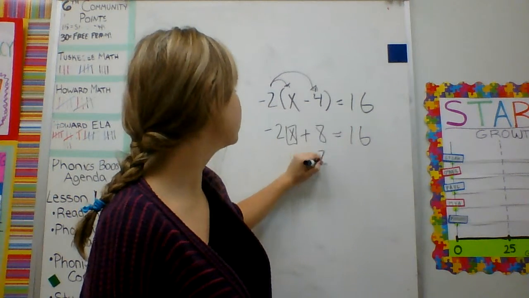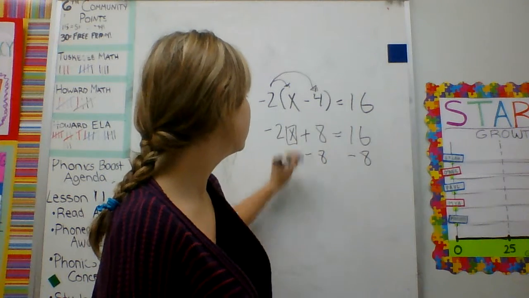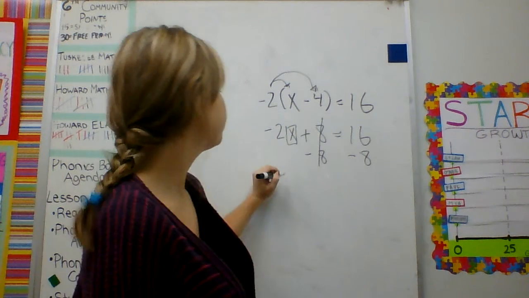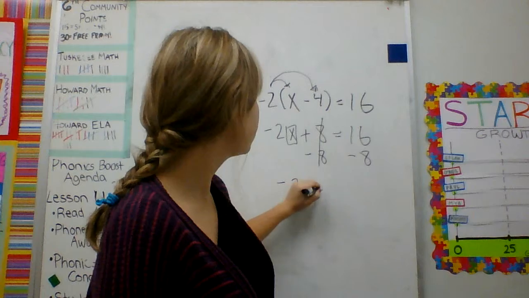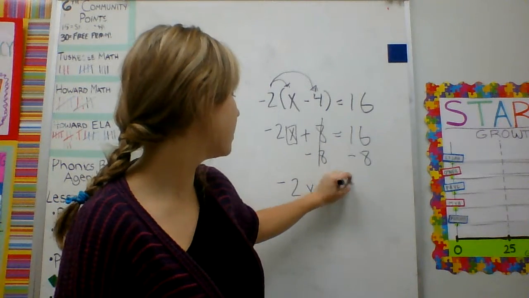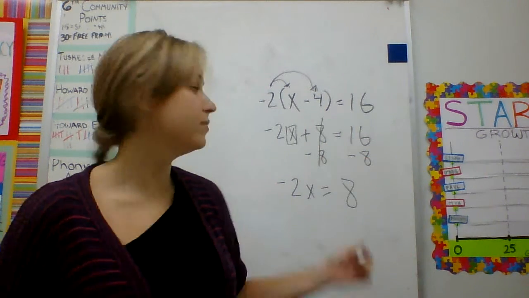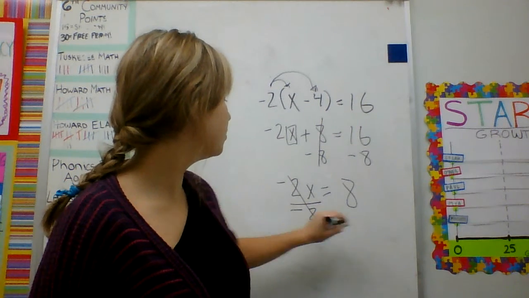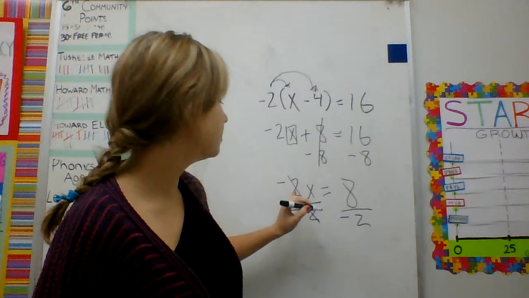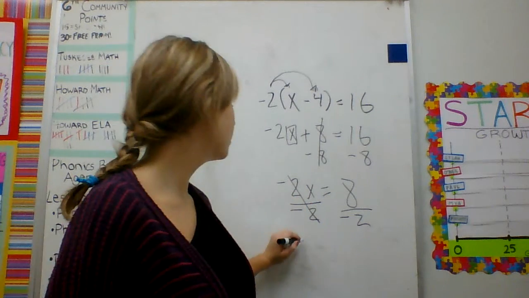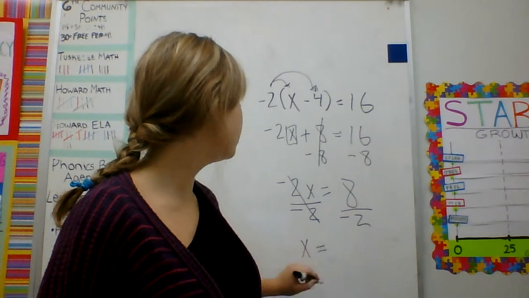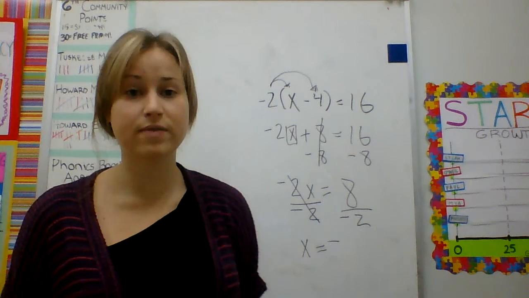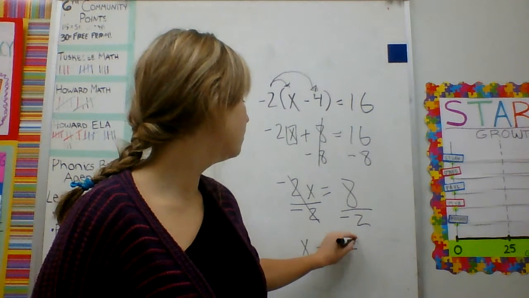So I'm subtracting 8 from both sides. My 8's cancel out. Negative 2x is equal to 8, because 16 minus 8 is 8. Now I'm going to divide both sides by negative 2, because that's my coefficient in front of my variable. So now I know that x is equal to negative, because the positive divided by negative is a negative 4.